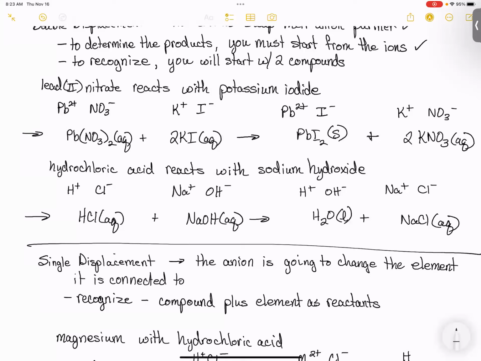You gotta go back to its actual form. So that's probably the most common mistake I see: people want to just pick up and move, so they would move this nitrate 2. You can't move nitrate 2 because the ion is not nitrate 2. It's just plain old nitrate. Those are the most common mistakes I see.